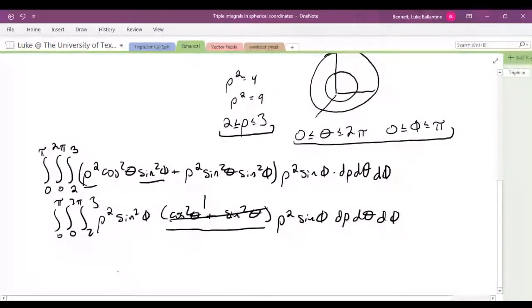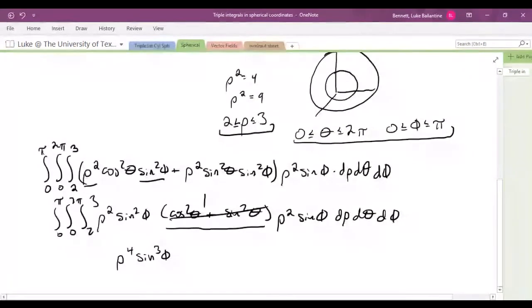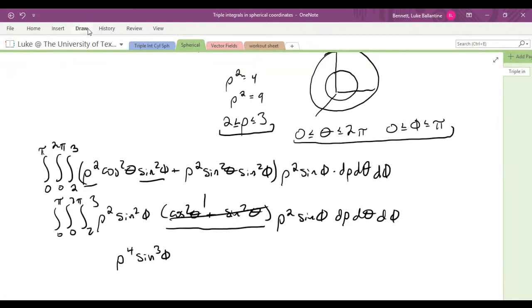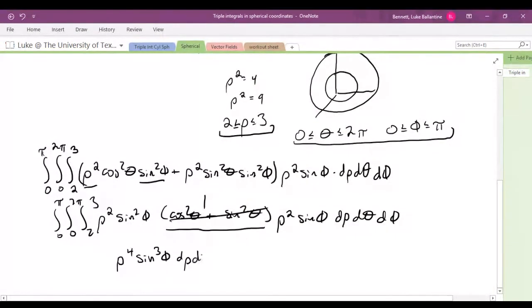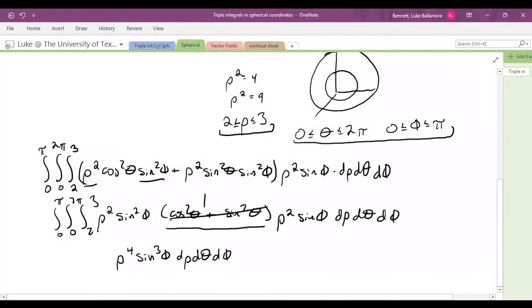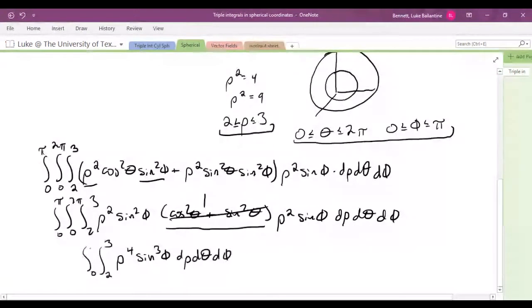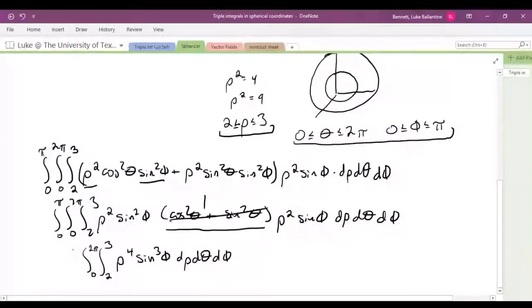So then we get rho to the 4th sine cubed phi d rho d theta d phi. I did that backwards. Okay, and we're evaluating from 2 to 3, 0 to 2 pi, 0 to pi.